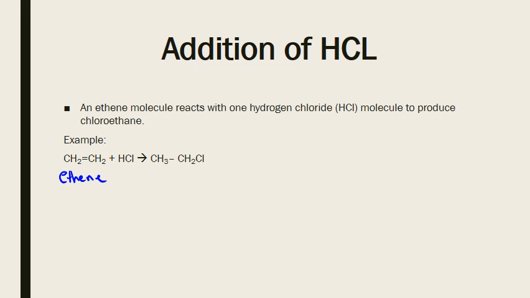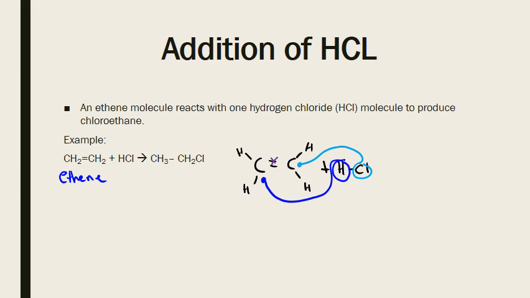So I'll draw that out for you. So we've got CH2 plus HCl. What will happen is this bond will break. This hydrogen will attach itself to this carbon, and this Cl will attach itself to this carbon.